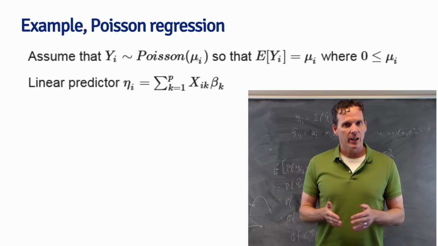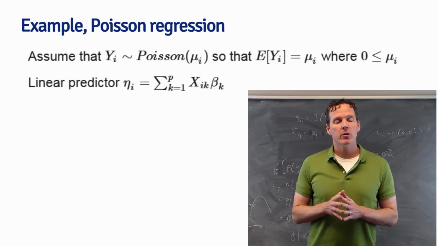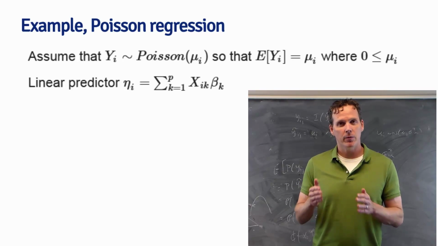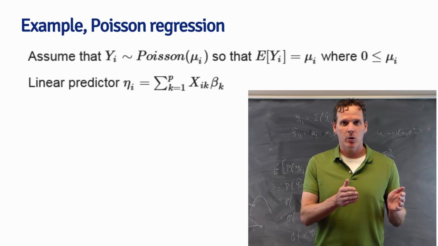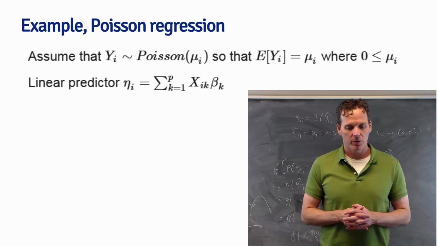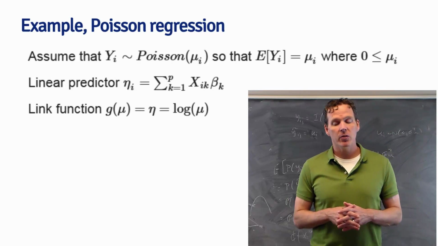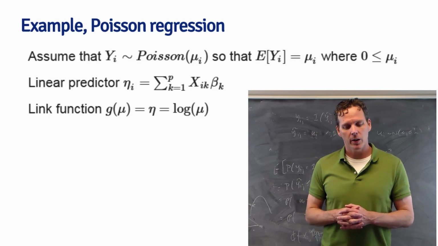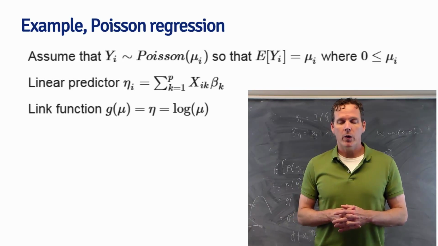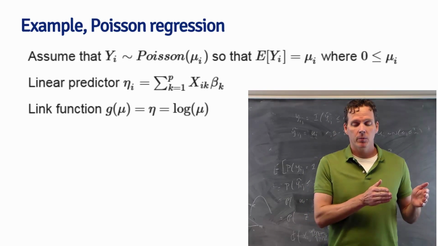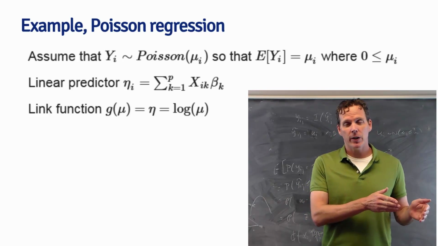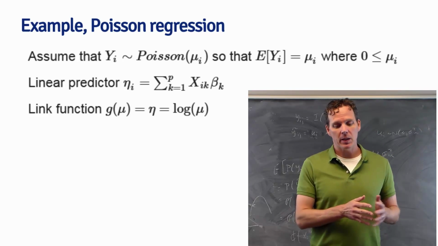Our linear predictor is, again, the same as it was in every case. It's just the sum of the covariates times their coefficients. The link function in this case is the log link. The most common link function for the Poisson case is the log link. And remember, we go from the mean, mu, to the linear predictor, eta, by taking the log of the mean.